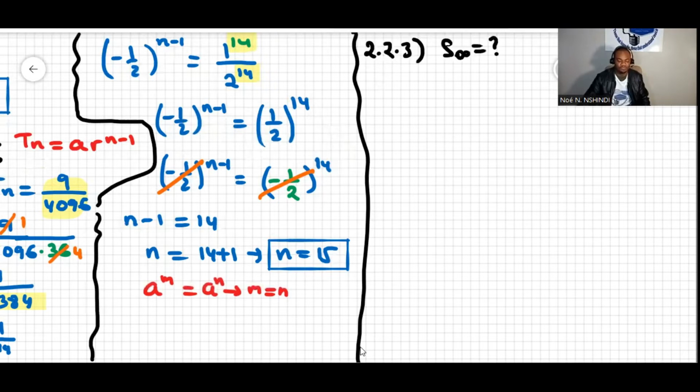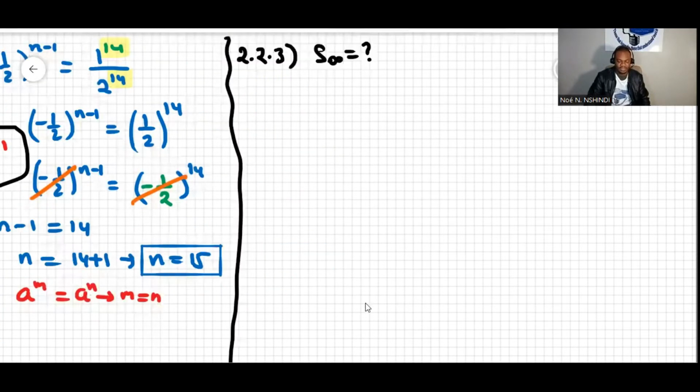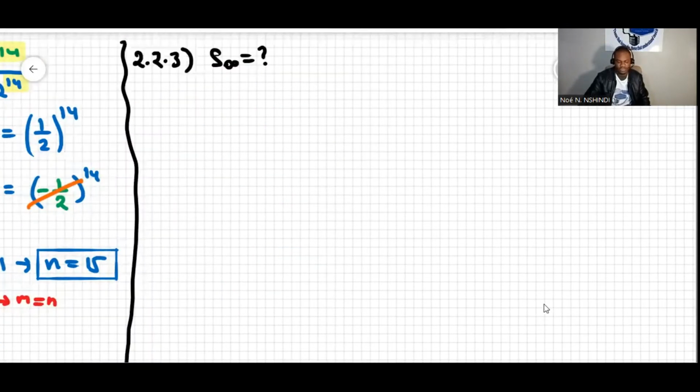Okay, we do know that this sum, s to the infinity, is given by a over 1 minus r. And then we know what a was. a is equal to 36, over 1 minus r. r is negative a half.